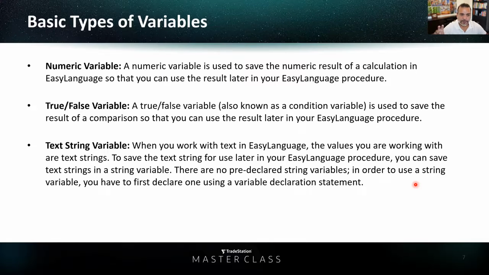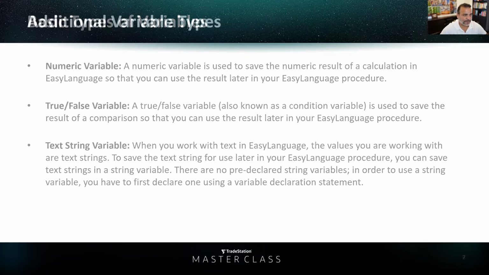So you have two double quotation marks inside parentheses, and it saves text in a variable. Just as here, there's no pre-declared string variables. The only ones that are pre-declared are the numeric and the true false. So you have numeric or value 1 through value 99, and the true false pre-declared are condition 1 to condition 99.